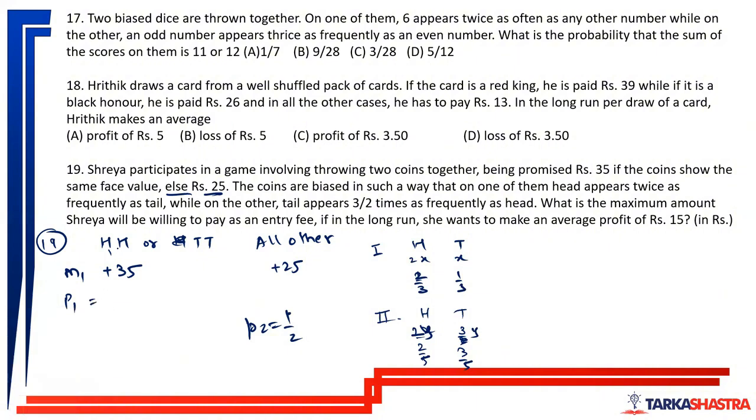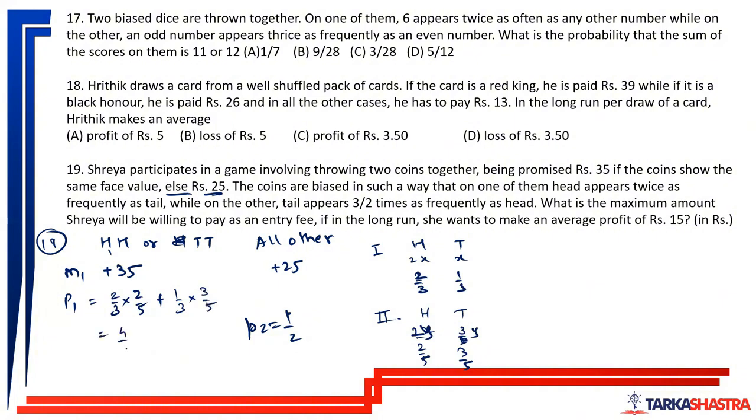So the probability of the first one having heads, 2 by 3, and the second one also having heads, 2 by 5, or the first one having tails, 1 by 3, and the second one also having tails, 3 by 5.